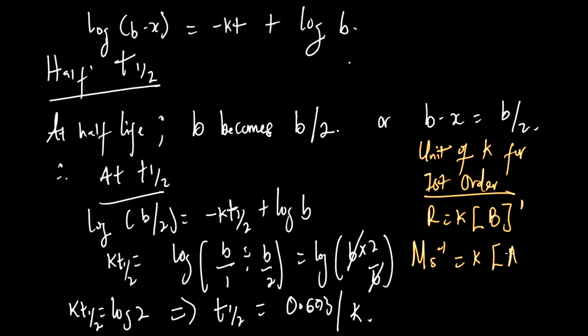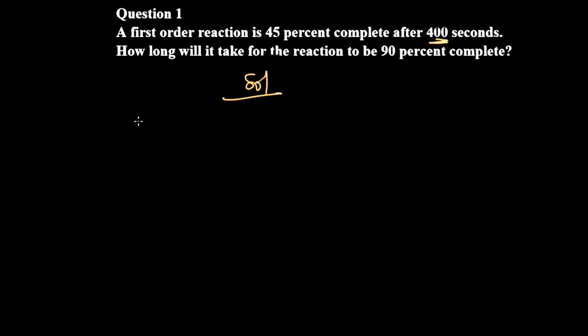So the concentration is this. So we have that k equals rate over concentration to the power n, so this cancels out. So the unit of the rate constant for a first order reaction is per second, or per unit of time. So here is a question.